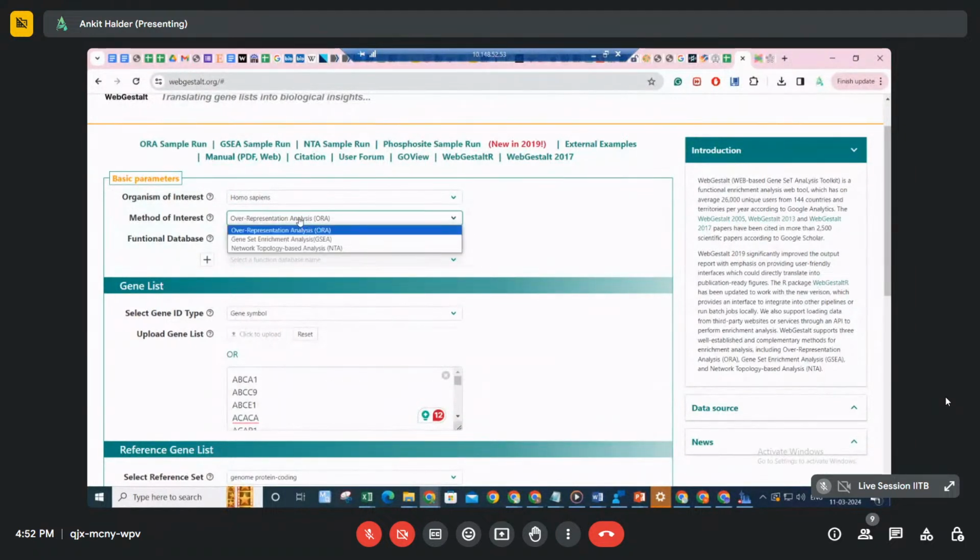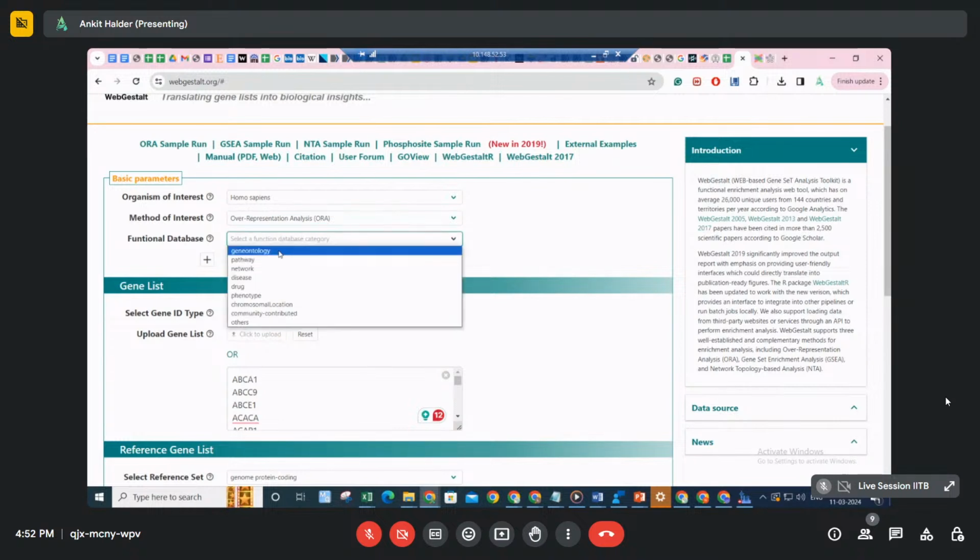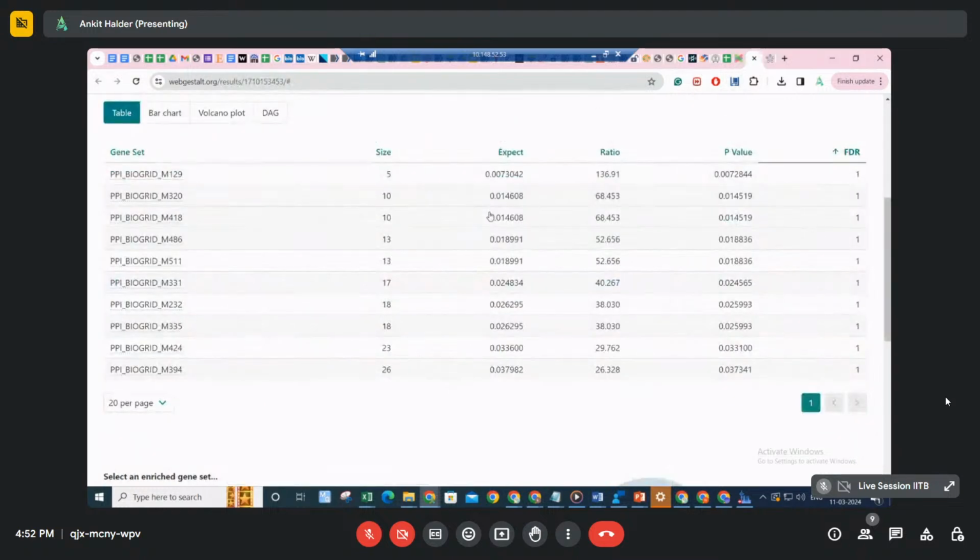Now there are different options, but you can go through over representation analysis or ORA. So you can see that the gene ontology, pathway, network is what we can get through it.